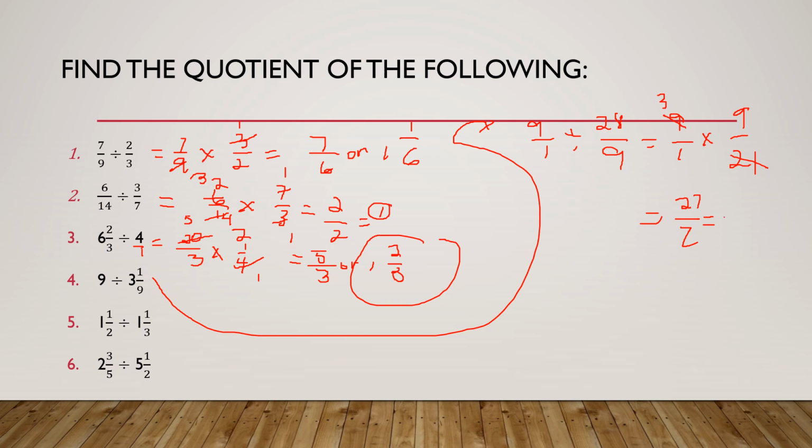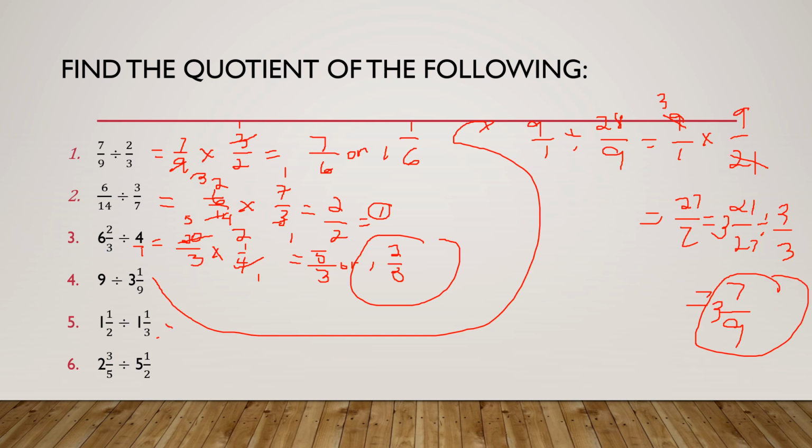That is 3. So 21 over 27, or the lowest term is the GCF of 21 and 27. Of course, we have 3. So 3 over 3. 21 divided by 3 is 7. 27 divided by 3 is 9. So the final answer is 7 over 9.